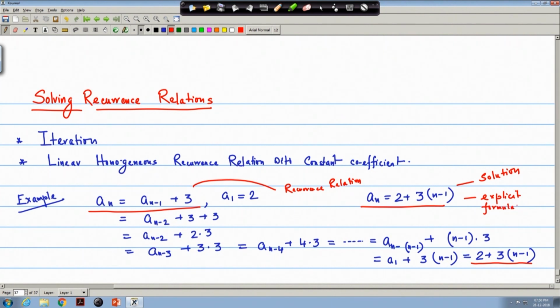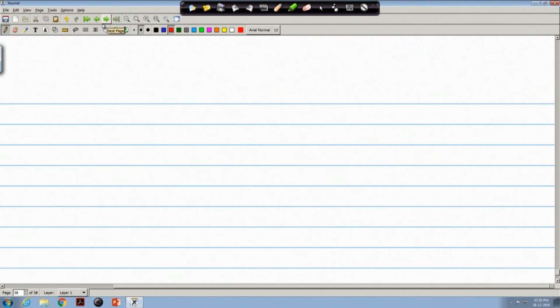Now, already we have read one example of the number of subsets of a set.